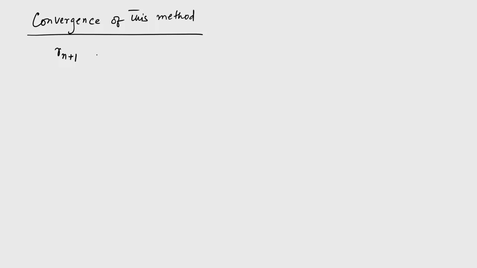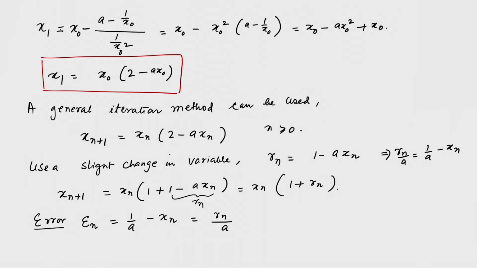So, r n plus 1 is equal to 1 minus a x n plus 1, which is the definition of r n, because we started from r n equal to 1 minus a x n. Now x n plus 1 is equal to x n times (1 plus r n).